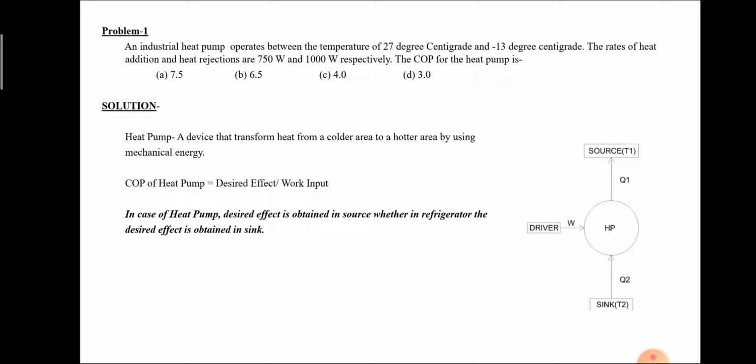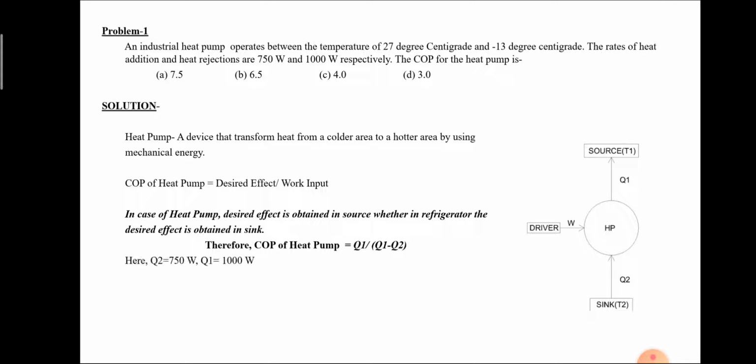So in a refrigerator, the desired effect is obtained in the sink. Therefore the COP of the heat pump is given as Q1 divided by Q1 minus Q2, where Q1 is heat rejected from the heat pump to the source, and Q2 is heat taken or added from the sink to the heat pump.